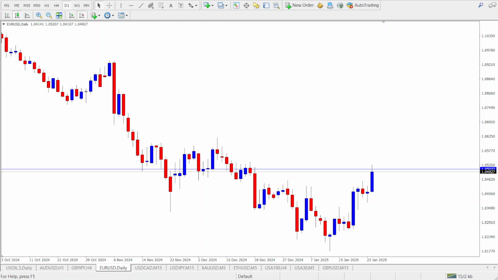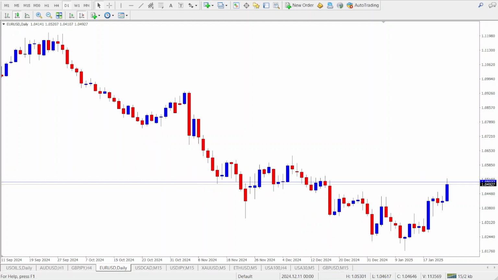Let's first break down what we mean by Forex institutional candles. These candles are large candlesticks that usually reflect the actions of big players in the market, such as financial institutions, banks, hedge funds, and other market makers. These are the entities that move large amounts of capital, and their influence on the market is significant.